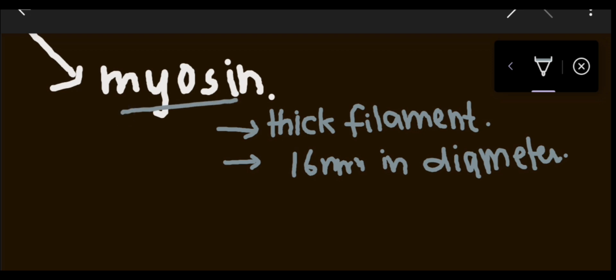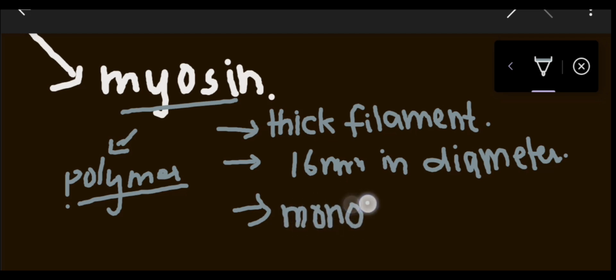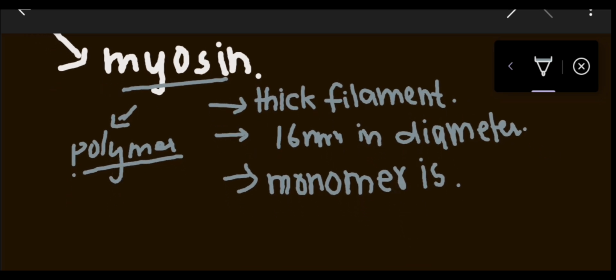Myosin is basically a polymer. So here the question arises, what is the monomer of this myosin? The monomer is also called myosin.